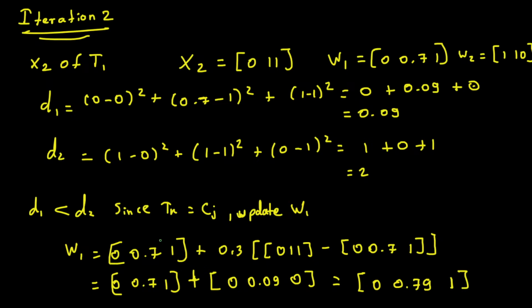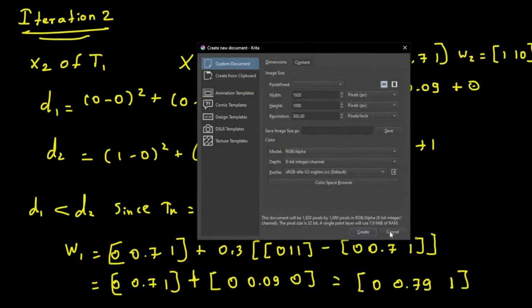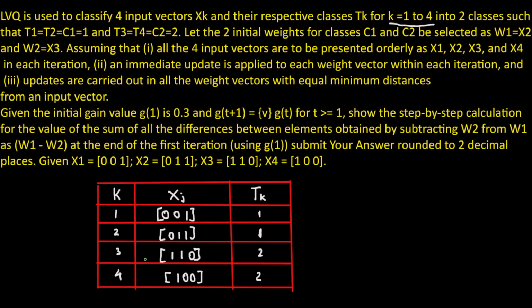Okay, so now we can go for the next iteration. Actually, iteration number 3. We already did the 2. So iteration number 3, we have to look at the table. Number 3 is x3 of t2.